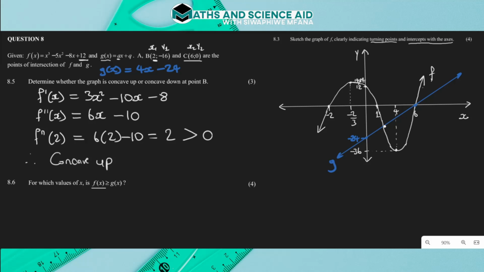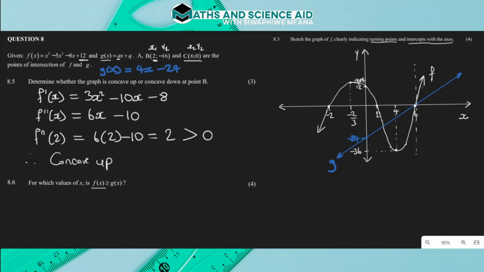For example, at this point of intersection, we will notice that for values of x that are greater than 6, so starting from here, the graph of f is indeed above the graph of g, right?